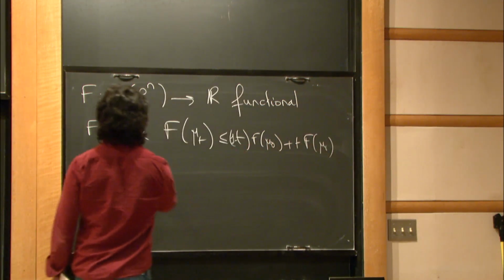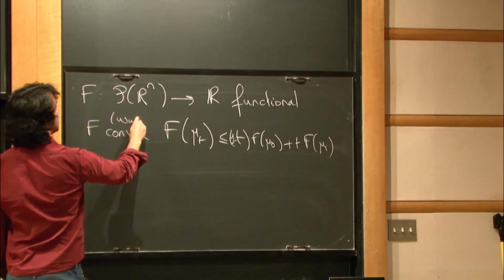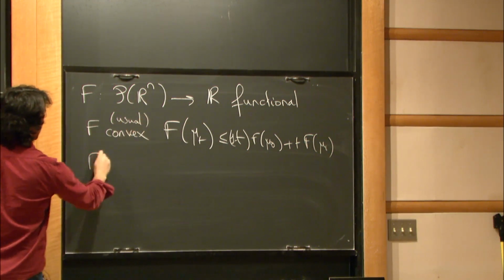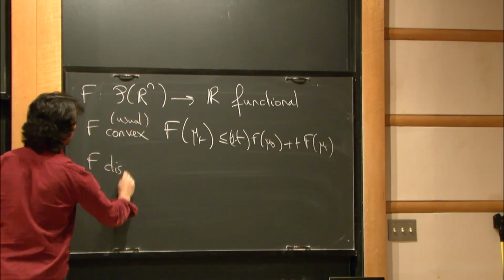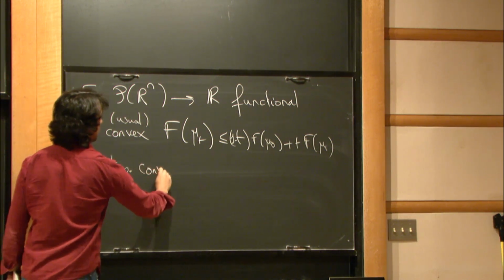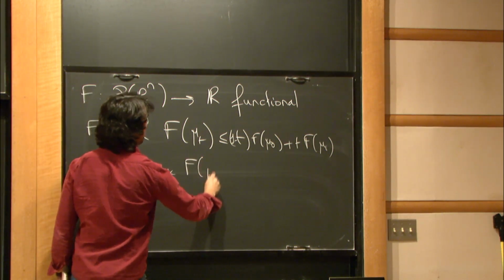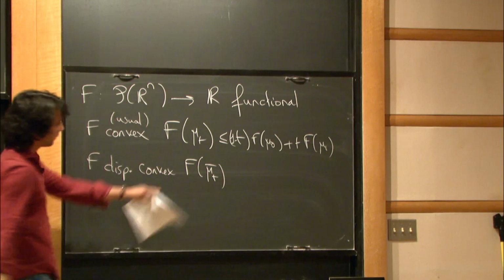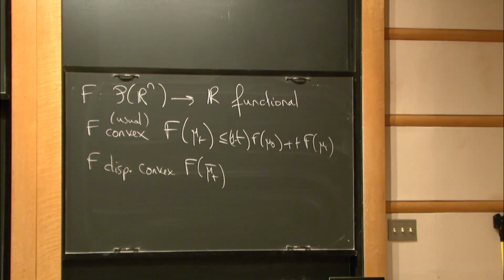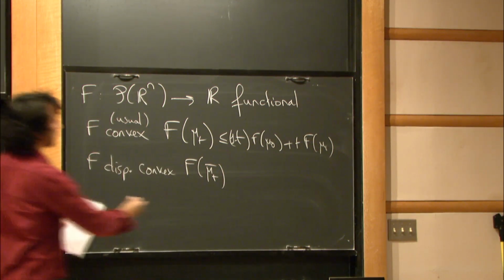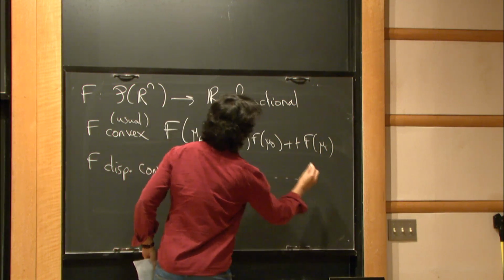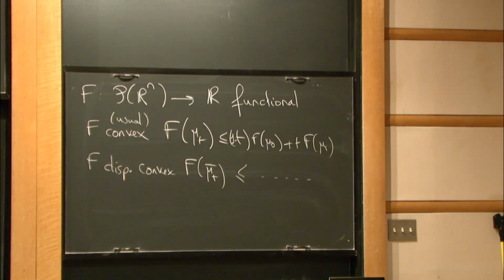So that's usual convexity, if you want. And we say that F is displacement convex if the same inequality holds, but with mu bar t, so with this notion of interpolation instead of the previous one.